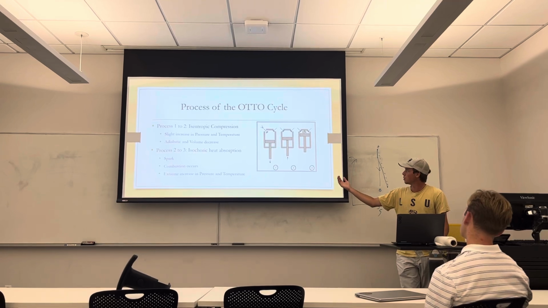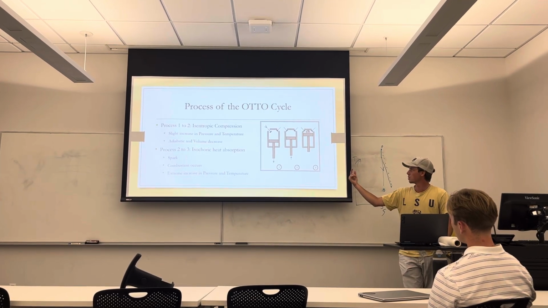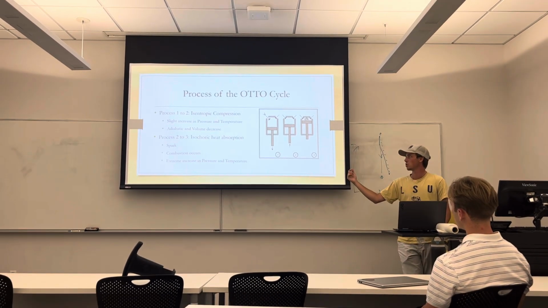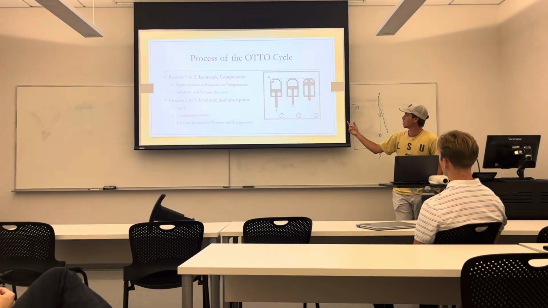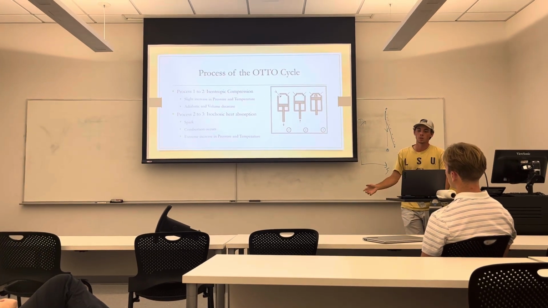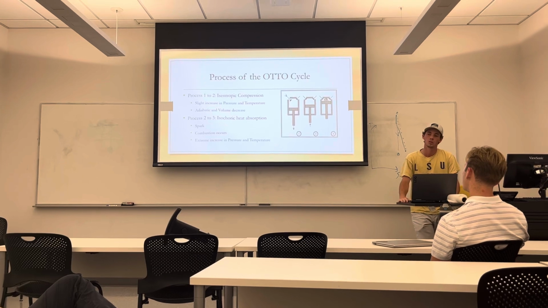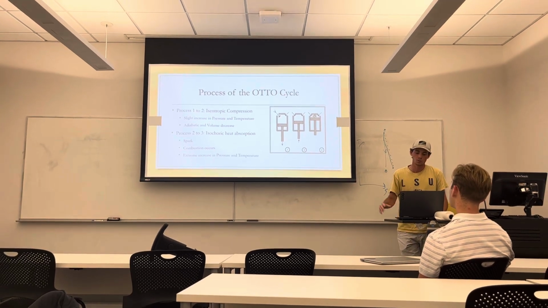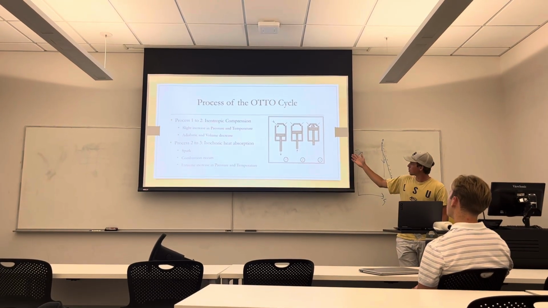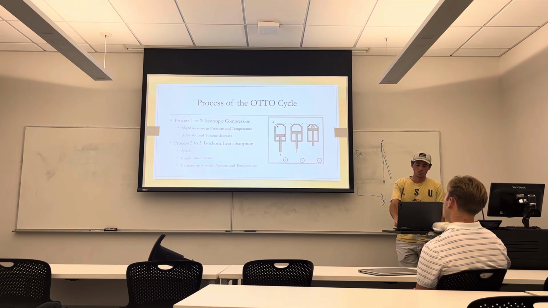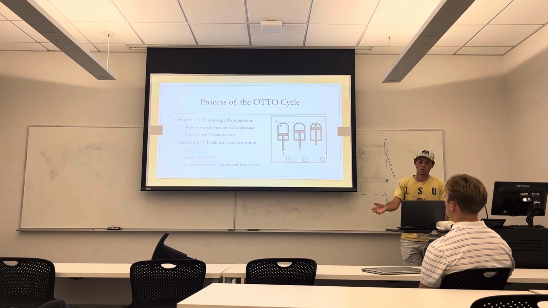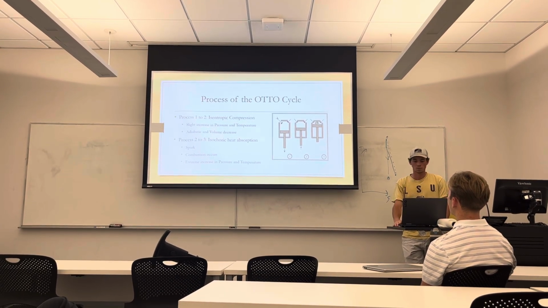You're decreasing the volume, increasing the pressure and temperature, and then you move into your isochoric heat absorption. That's where you have a spark, your combustion occurs, and then you have an extreme spike in pressure and temperature. So from 2 to 3, you can see the spark, and isochoric means constant volume, if you ever want to know.